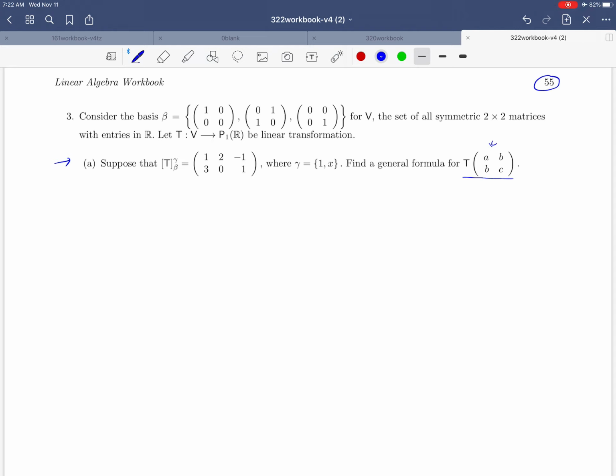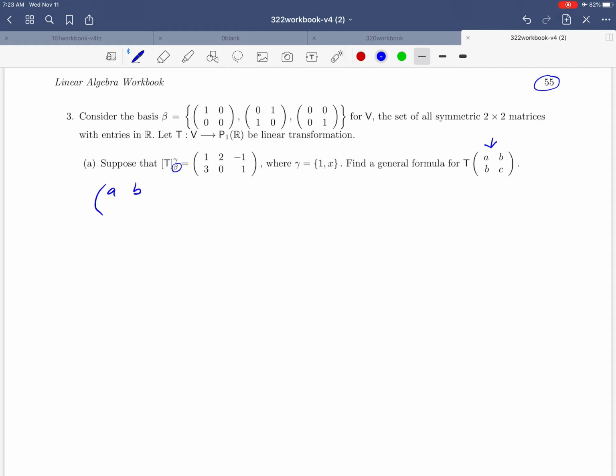To do this, we really have to think about what information a matrix is giving us. A matrix is about taking us from input coordinates to output coordinates. So if we want to know what T of [a b; b c] is, the first thing we need to know is what are the coordinates of that input matrix relative to the input basis beta. So we're going to start there.